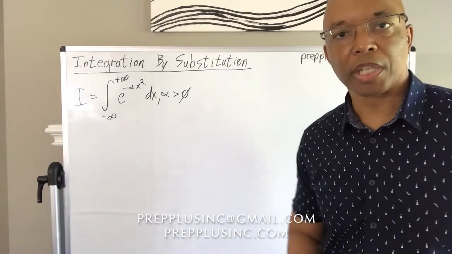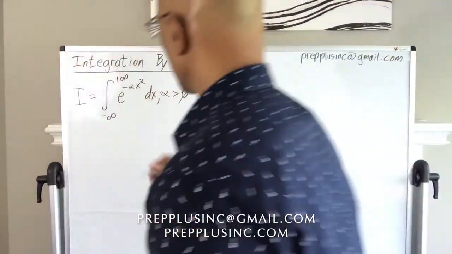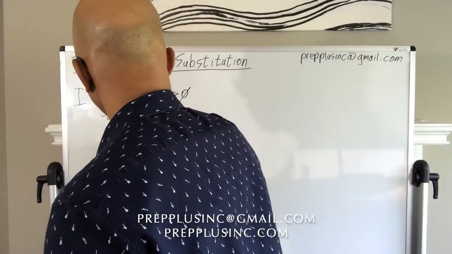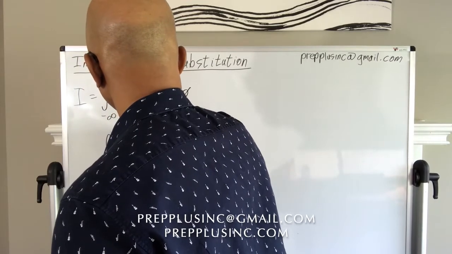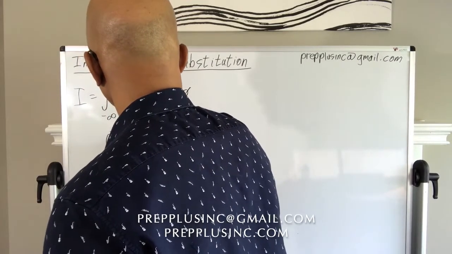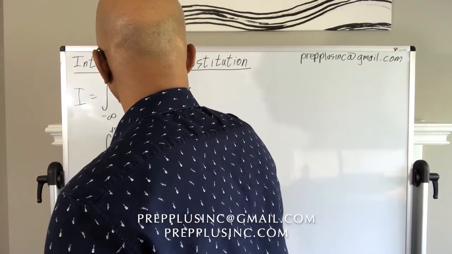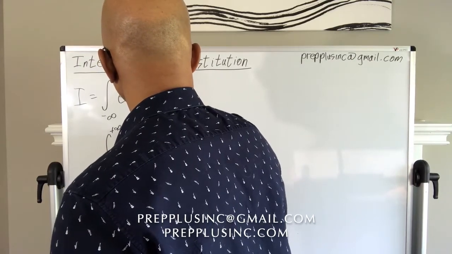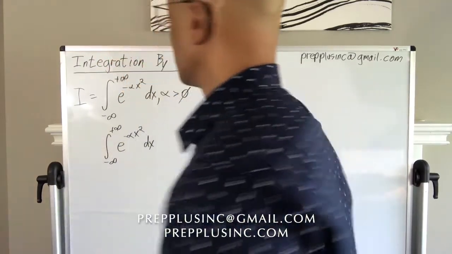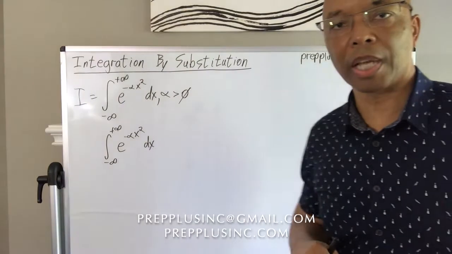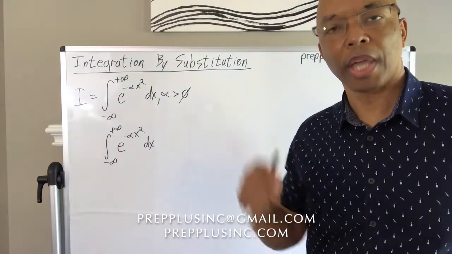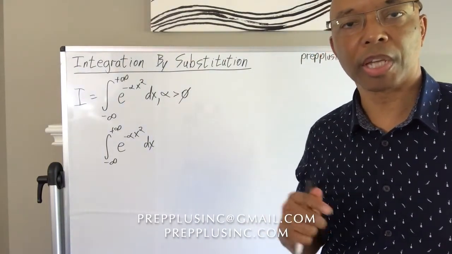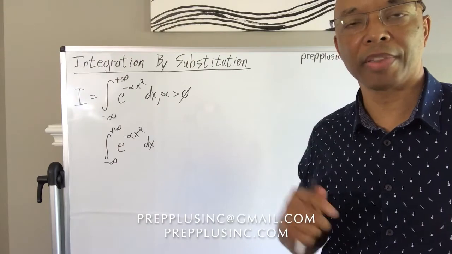So let's just write down our integral once again. The integral over the entire x-axis from minus infinity to plus infinity, e to the minus alpha x squared dx. Okay, so just from that little sidebar a second ago, x squared plus y squared is kind of what it would be nice to have in the exponent.